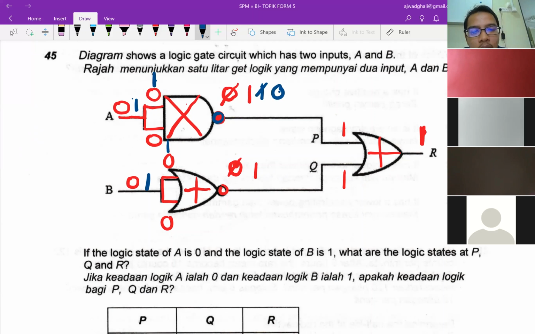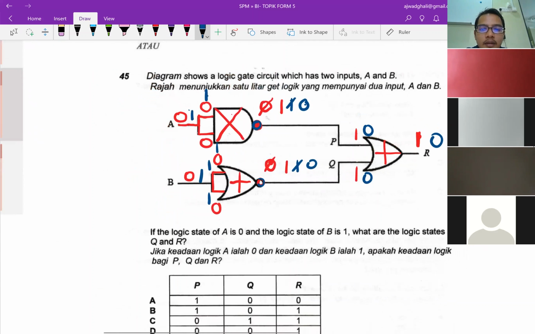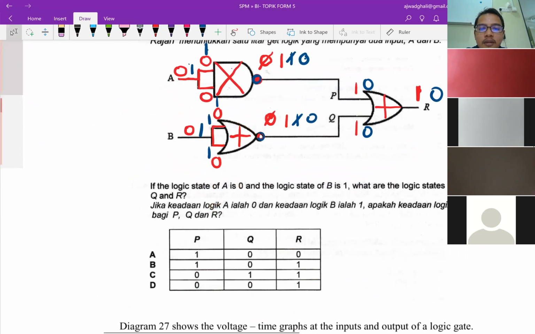Okay, 1 OR 1 becomes 1. Okay, the dot here makes it 0. So if 0 and 0, the output is 0. Okay, next, you find the answer. What is the answer?